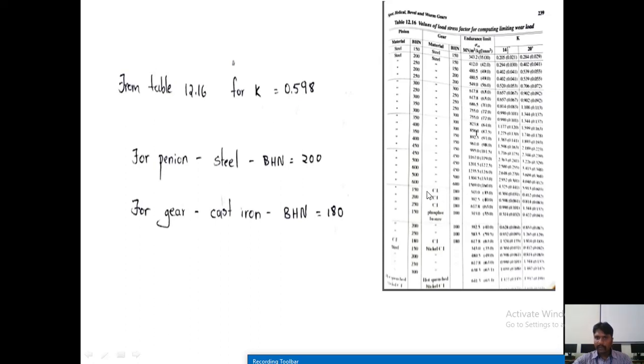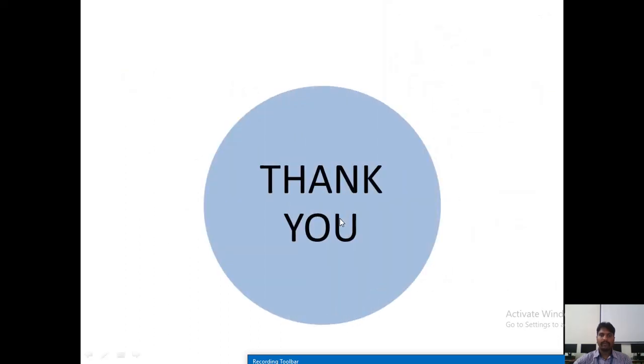For this value, the BHN numbers are 200 and 180, 0.598. So this is steel material with BHN 200, and cast iron gear with BHN 180, which gives 0.598, greater than 0.53. So from the table, for K equal to 0.598, the pinion material is steel, BHN is equal to 200, and for the cast iron gear, BHN is equal to 180. Thank you.